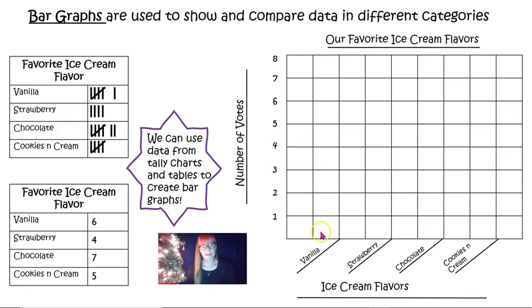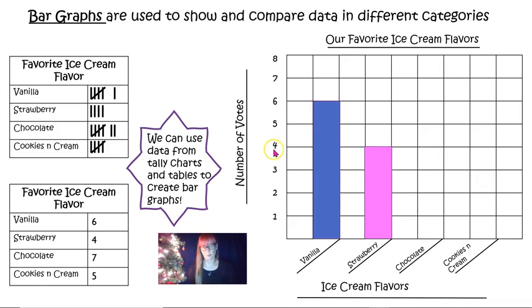Now I'm ready to start graphing. I am going to look at my table to find out how many people chose vanilla. I can see that 6 people chose vanilla, so I'm going to make my bar go up to the 6. For strawberry, I can see that 4 people chose strawberry, so I am going to make my bar go up to the 4.